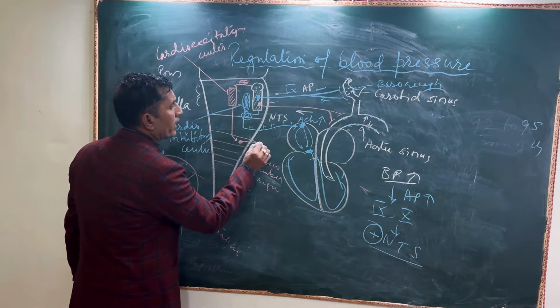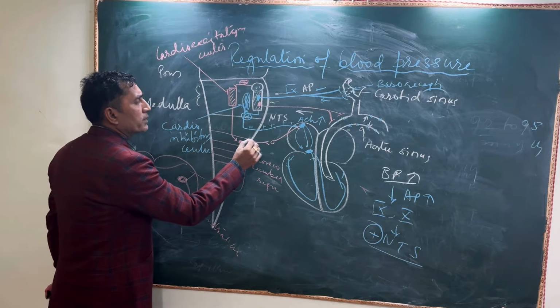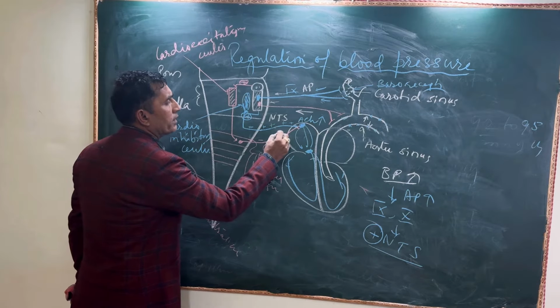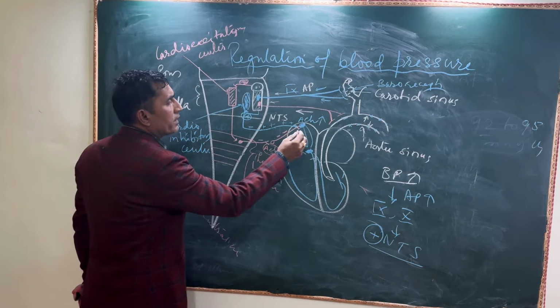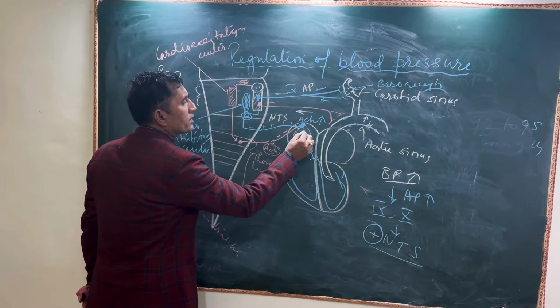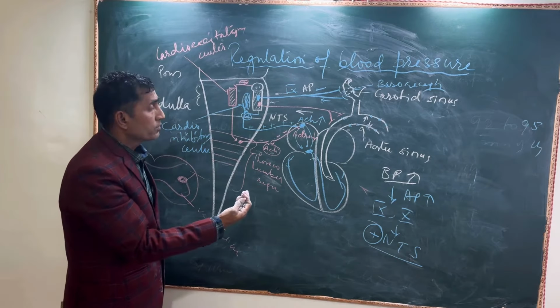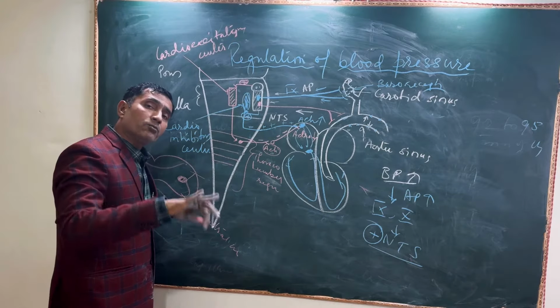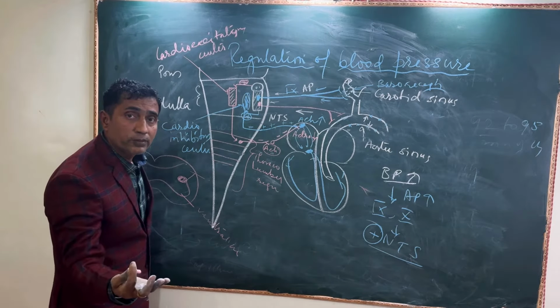Once there is inhibition of the cardio excitatory center, there is a less secretion of adrenaline here from the nerve ending. Once it is less secreted, and acetylcholine is more secreted, then what will happen? The heart rate will be reduced. Once heart rate is reduced, cardiac output will be reduced. Once cardiac output is reduced, the blood pressure also will be reduced.